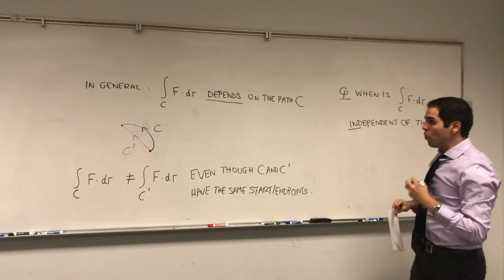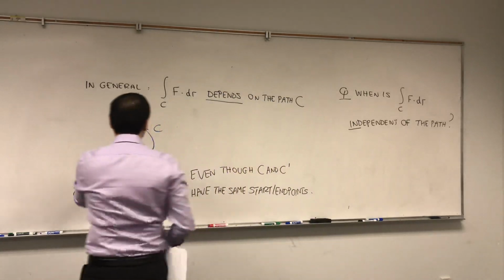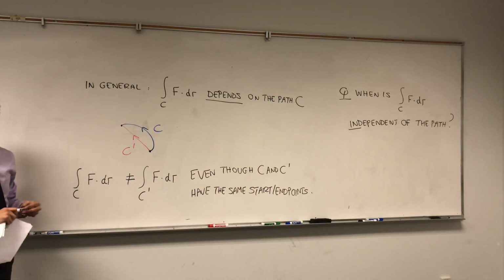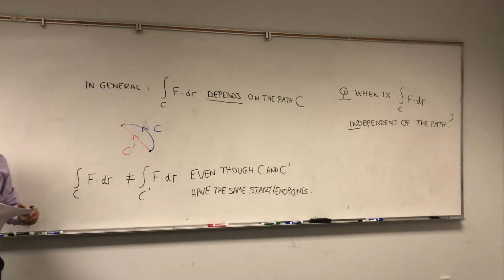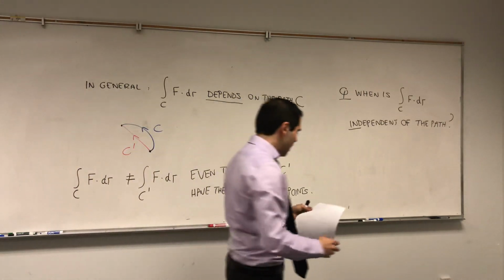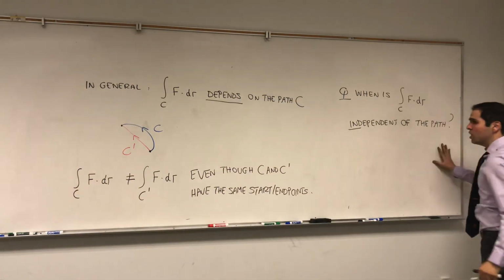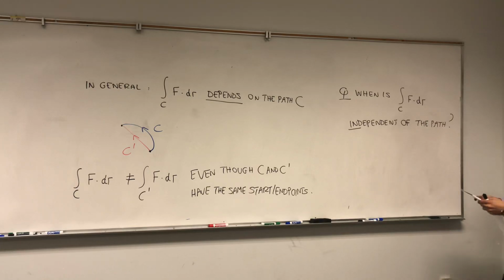In other words, when does it not matter which path you take, as long as you have the same starting and end points? To figure this out, we just need a couple of definitions.